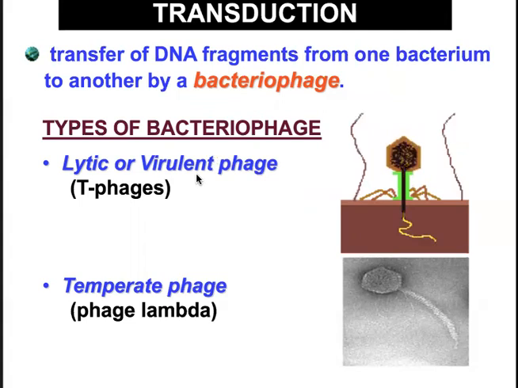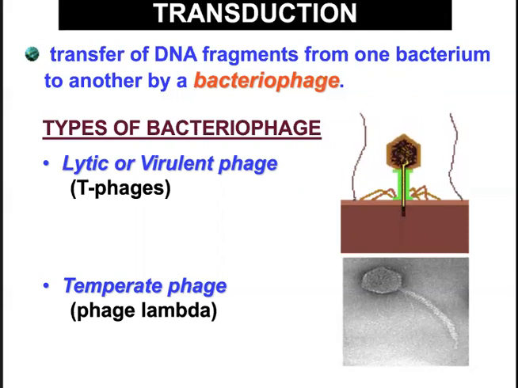So we have here lytic or virulent phages, the T phages, and we also have the temperate phage or the phage lambda. Now, viruses like bacteriophages undergo reproduction. Or rather, we don't really use the term reproduction; they replicate. They replicate in two ways.